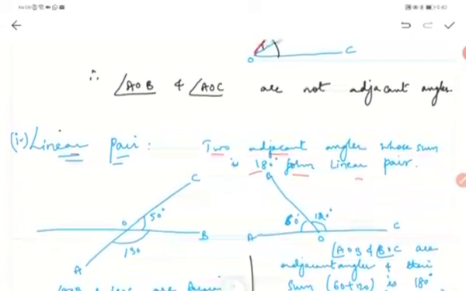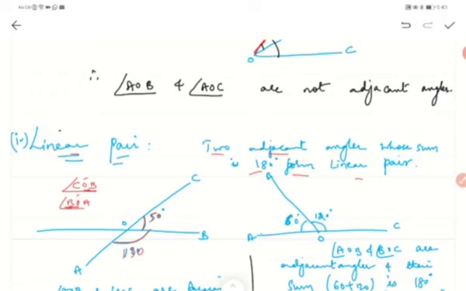Tell me, we have angles 50 and 130 degrees. Are they adjacent angles? So we have the common vertex as O. So you have angle COB and angle BOA. They are adjacent. Let's check. It has common vertex O, right? It has common arm OB. Yes, OB. Fine. Now to this OB, we will check the non-common arms.